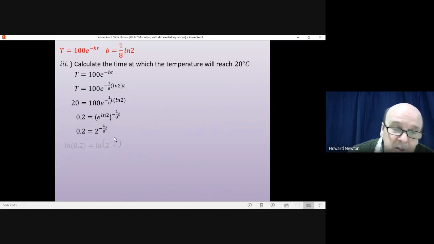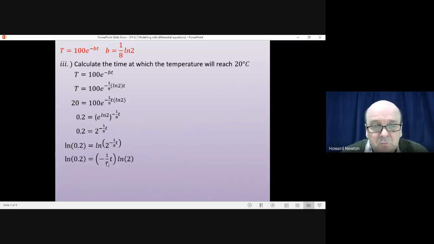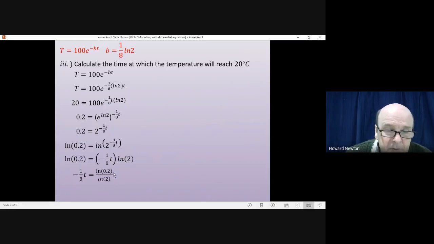So we go back into logs again and say the log of 0.2 will equal the log of the right-hand side. And then this power, minus 1/8 t, will come down to the front using the rule for logarithms and powers. Then moving the log 2 to the other side, we'll have minus 1/8 t is equal to log 0.2 divided by log 2.